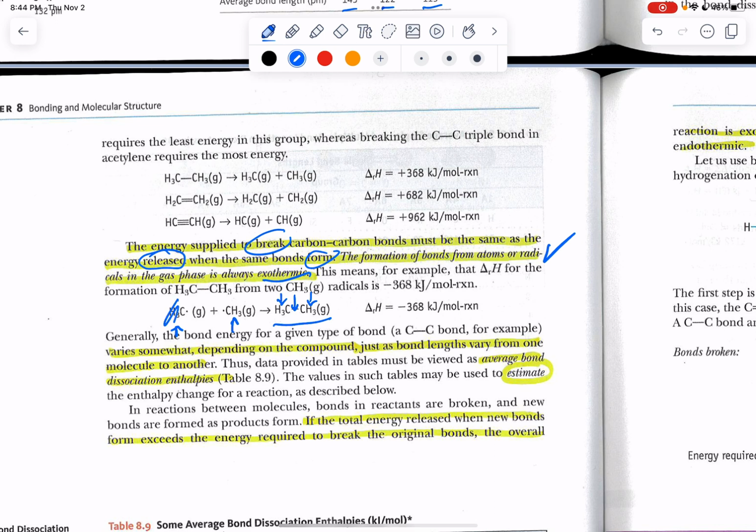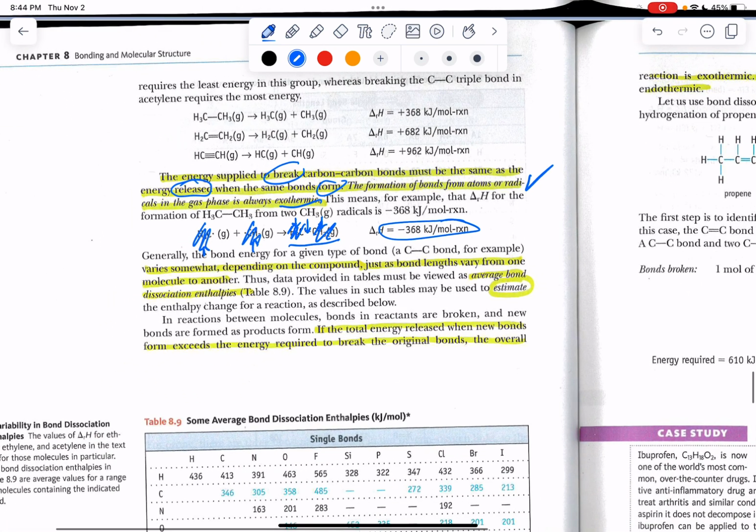Well, obviously this and this is going to cancel out that and that, so the net energy is just for the carbon-carbon bond. And again, these are going to be average bond dissociation enthalpies.